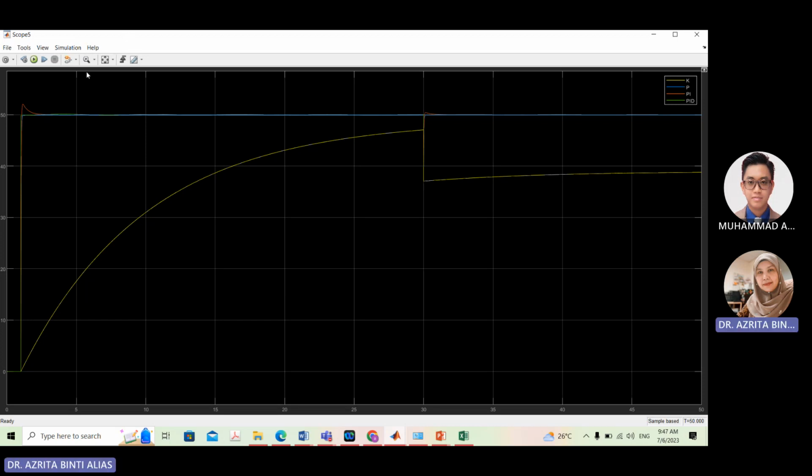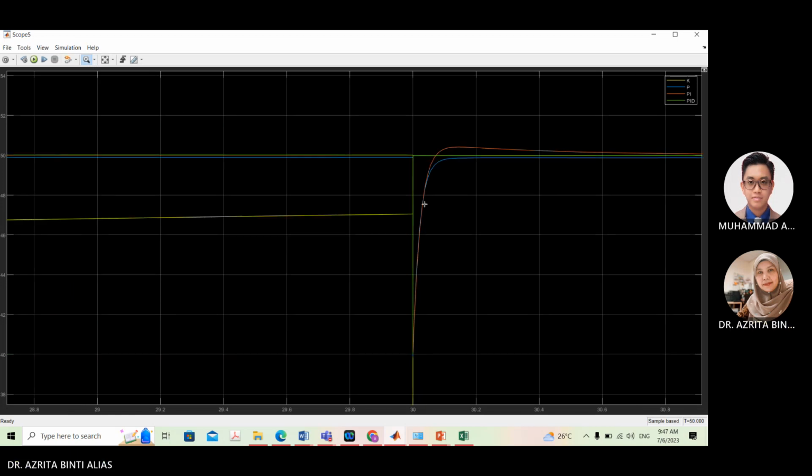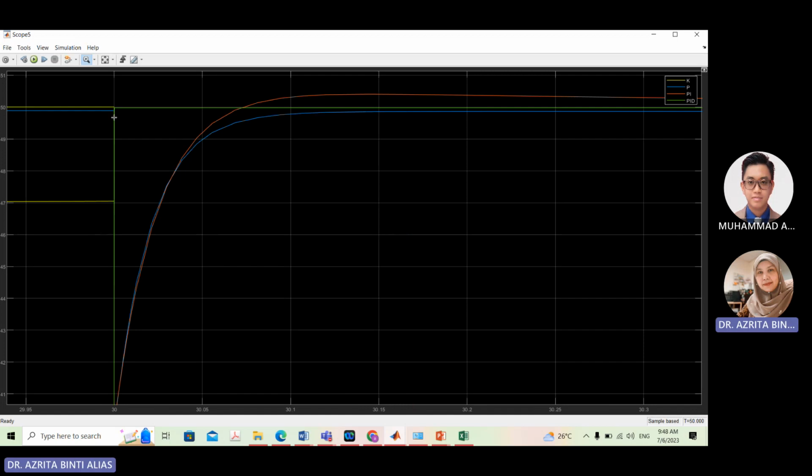And also after that, you need to zoom. So you go to this scope, zoom, so zoom at here. So when you zoom at here, we can see which controller is better.